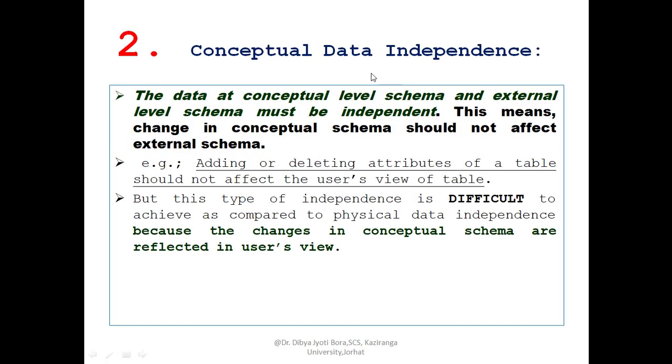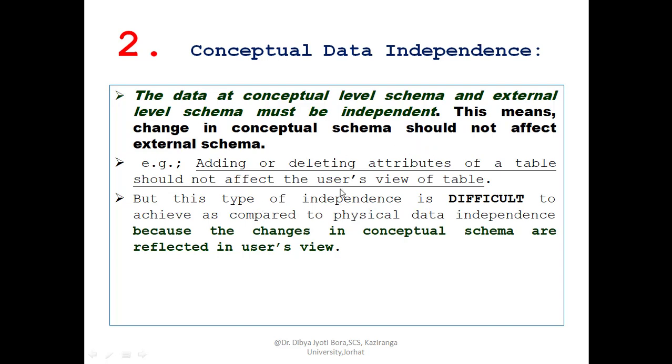Clear? Now coming to conceptual data independence. It says that the data at the conceptual level schema and external level schema must be independent. It means that any change in the conceptual schema should not affect the external schema. For example, in a table we have attributes, or in simple words columns.